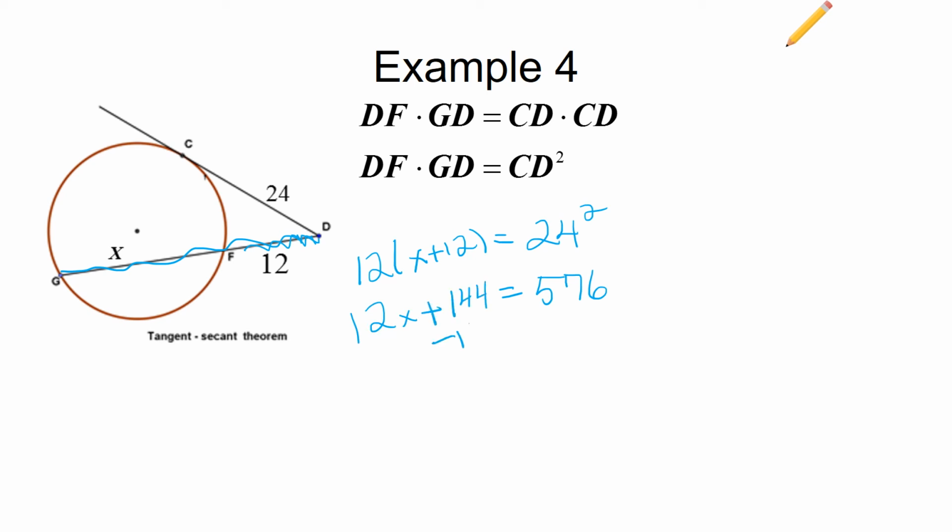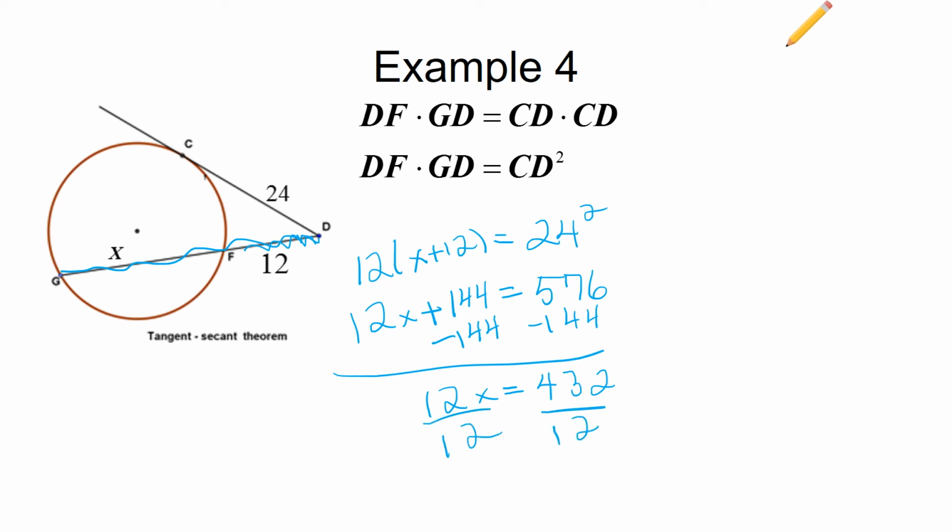So we subtract 144 from both sides, leaving us with 12x equal to 576 minus 144, which is 432. And if we take 432 divided by 12, we should get an answer of x is equal to 36.